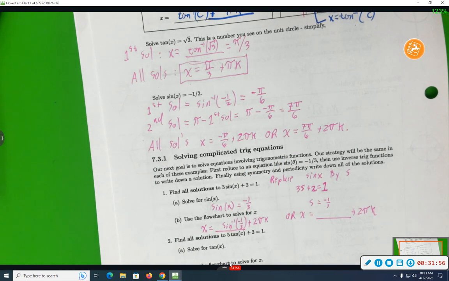I've intentionally left a little bit of space ahead. What's the second solution? You can flip back to the previous page if you need to.